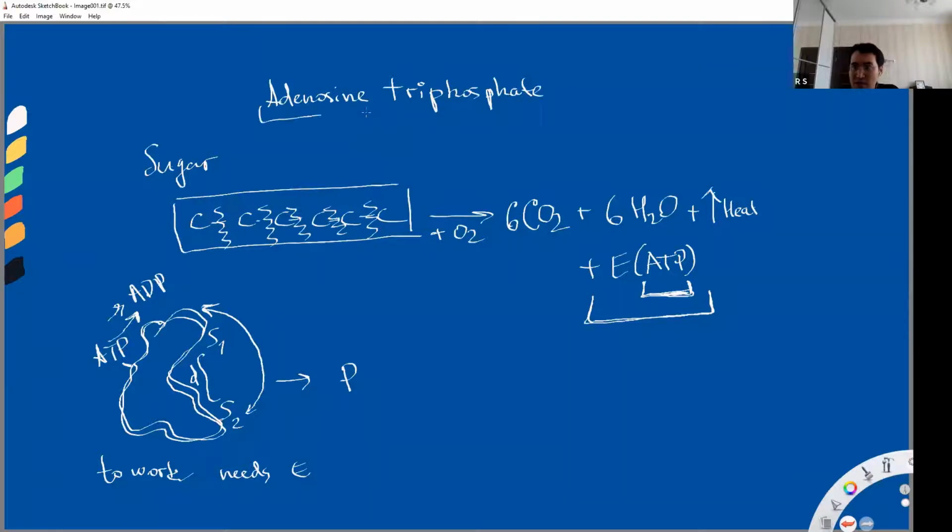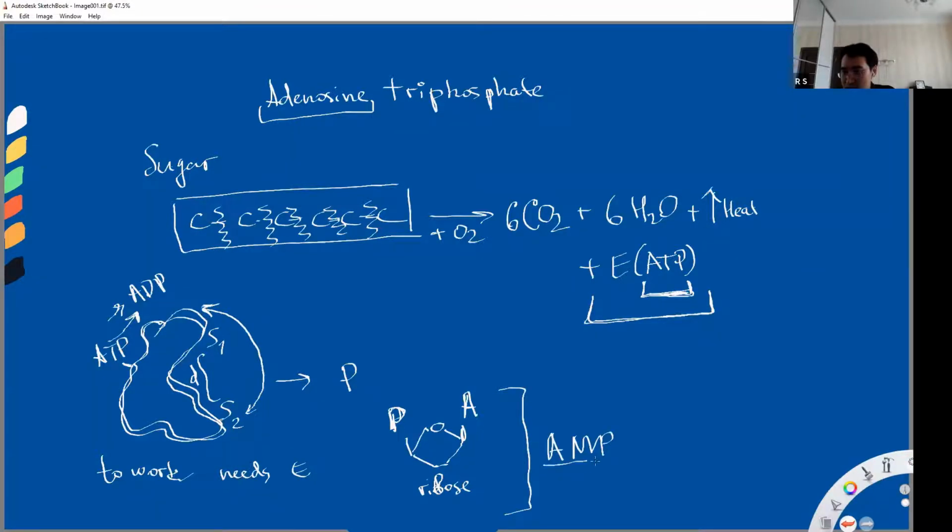If you take adenosine, as you know, it is a 5 carbon carbohydrate bound to the phosphate group, and on the other side, it's bound to the nucleotide base, in this case, adenine. So this is ribose, and here is phosphate. This monomer is called AMP, adenosine monophosphate.